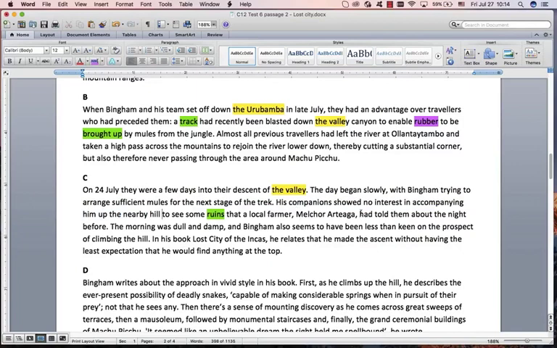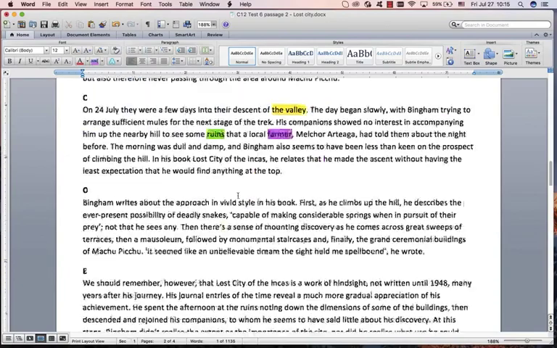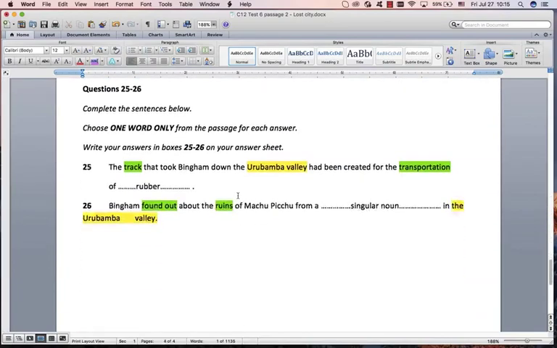It's not really there. It's the other way around. This person told them about it, so they found out from him. We only want one word. We know we're looking for a singular noun. There is our over there. So he was a what? A farmer. Quite simple.